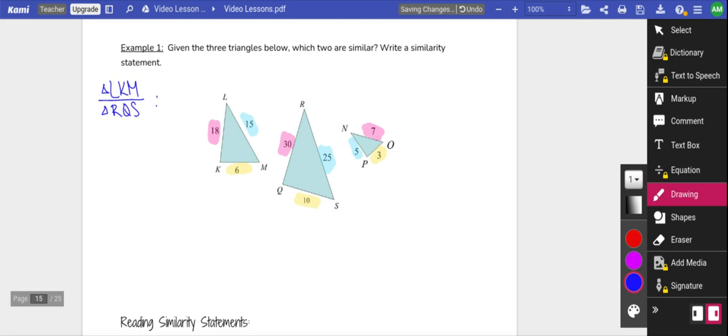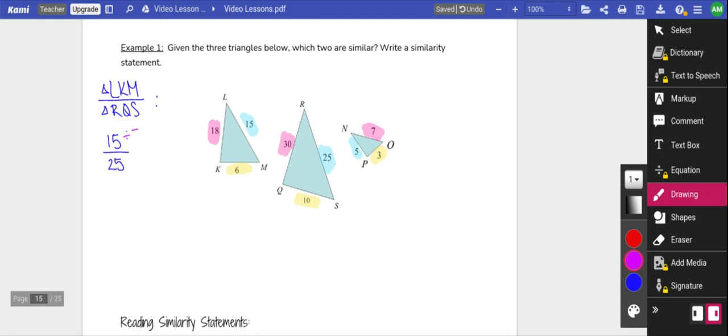I'm going to keep all of the sides of triangle LKM on the top when I compare these, and all of the sides of RQS on the bottom of my ratio. So let's start with the smallest side of each. In LKM, the smallest side is 15. In RQS, the smallest side is 25.